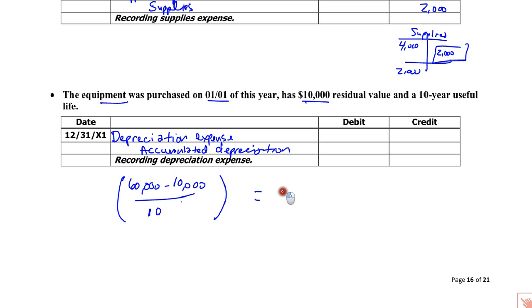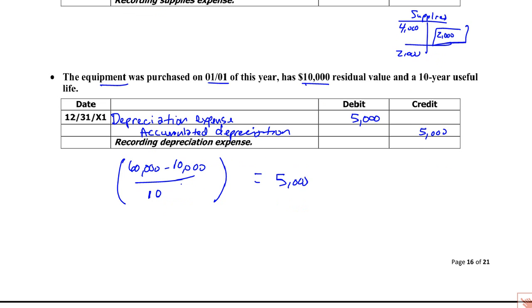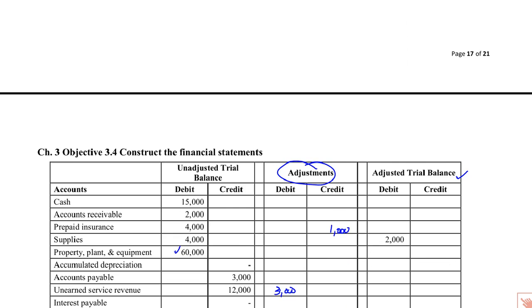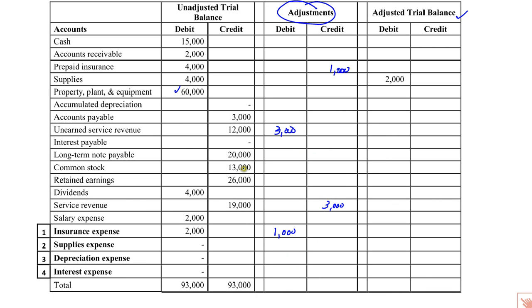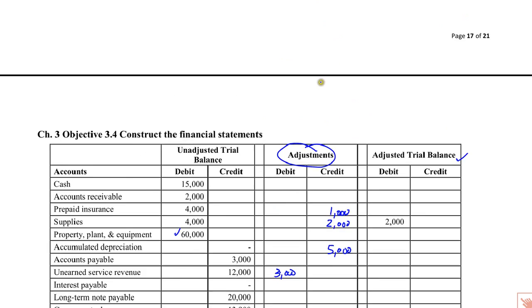I like round numbers for these problems. If it wasn't going to be a round number, I was going to change one. All right, so depreciation expense 5,000, accumulated depreciation 5,000, supply expense 2,000, credit supplies reducing the asset, supply asset 2,000.